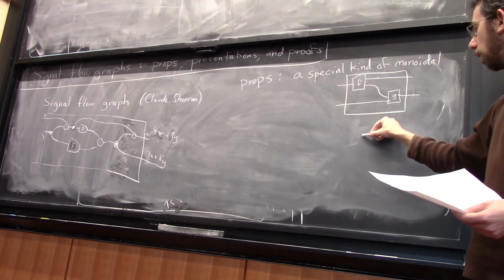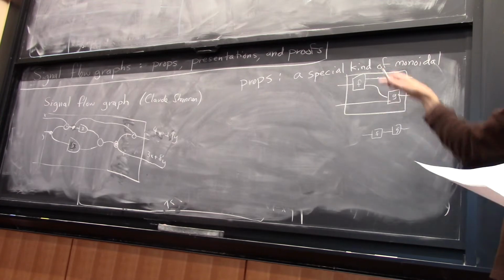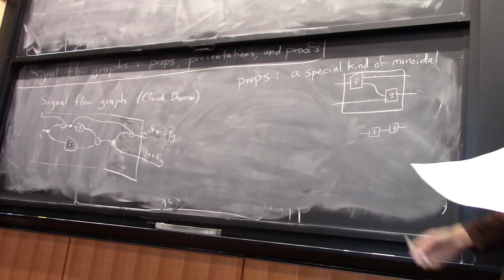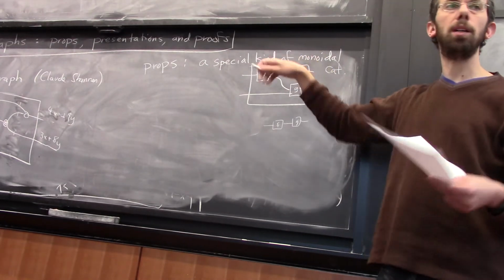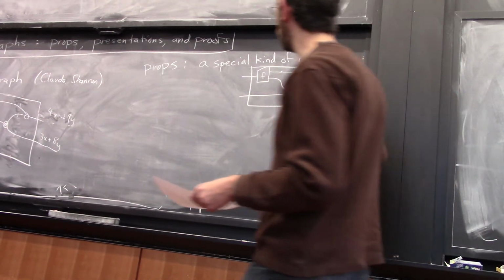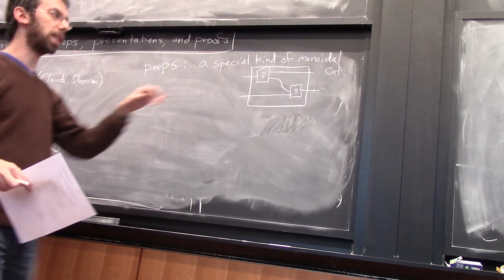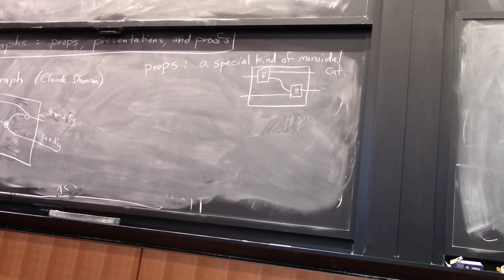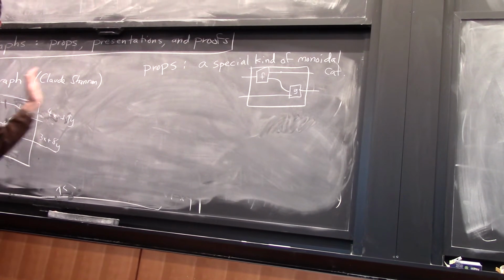Like in what's called a category, you can interpret strings like that, but you can't interpret parallelism. In a monoidal category, you can interpret parallelisms. A prop is a special kind of monoidal category, so we can interpret wire diagrams like this if they're of a certain special form, which is not exactly this. This is one case of a prop.